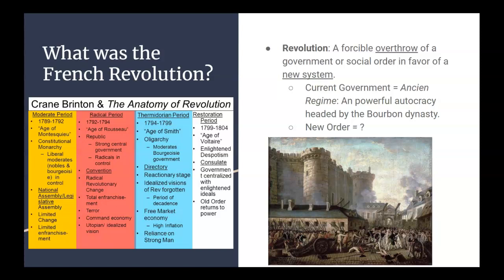Try to change things without hurting anyone or anything of that nature. Revolutions start off moderate. So you should have 1 equals moderate, and then just know that moderate periods are characterized by slow, not radical change, not violent change.